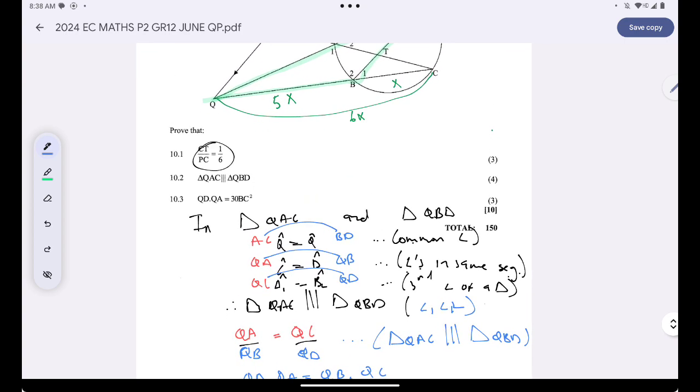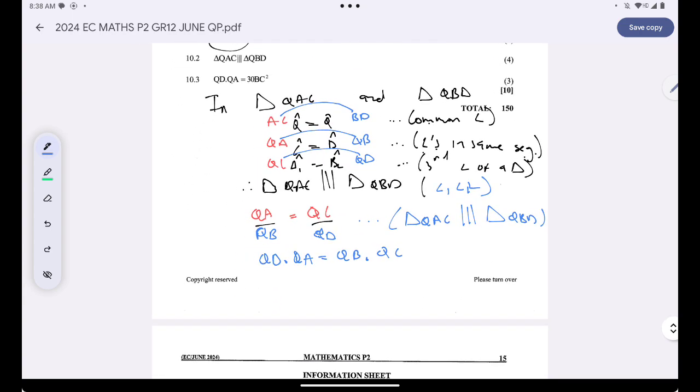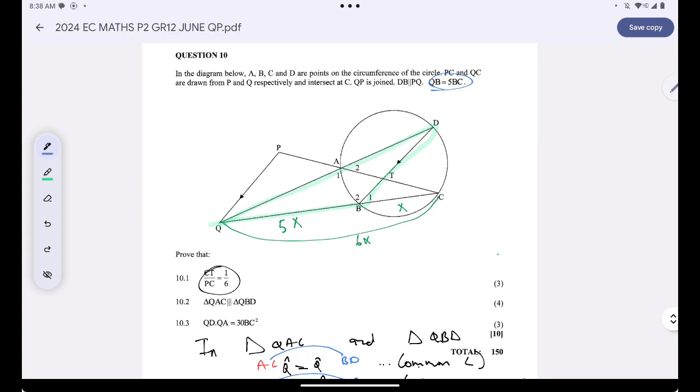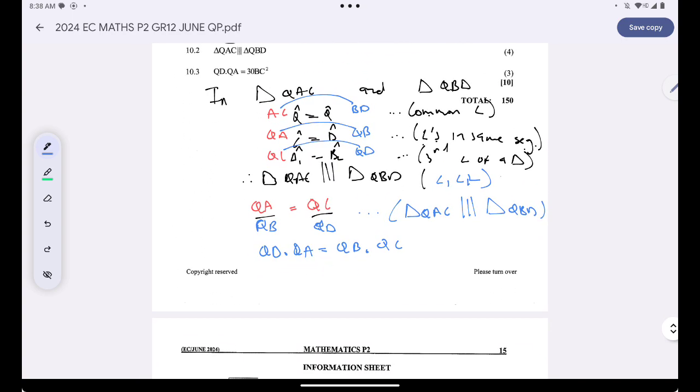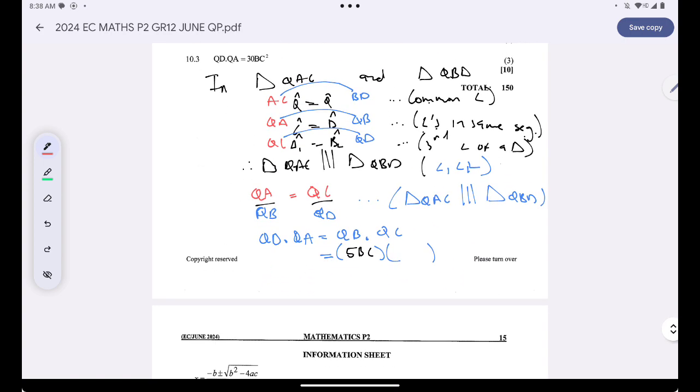Remember that QB, guys, is 5 times BC. We were told that. So whenever I see QB, I can substitute 5 times BC, and whenever I see QC, QC is this entire length. It simply means that QC is 6 times the length of BC. So I'll just write 6 BC.